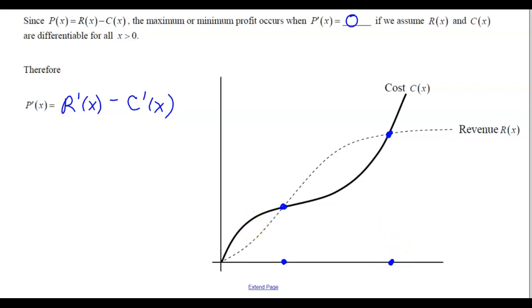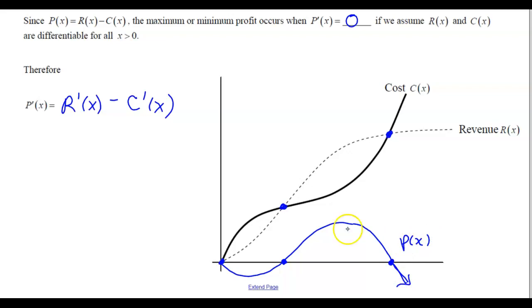If you think about what happens between that, the cost function is the solid one. So if costs are higher than revenue, you're losing money. Your profits are below, right? If the revenue is above the costs, then you're above, and then it goes back below. So that could be your profit. That's an approximation of the profit function here.